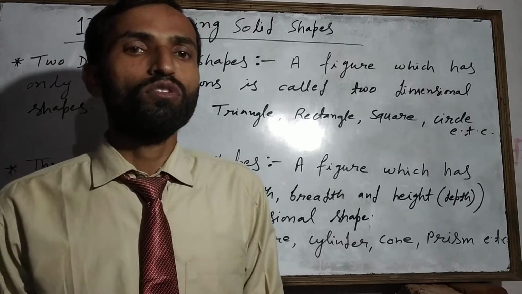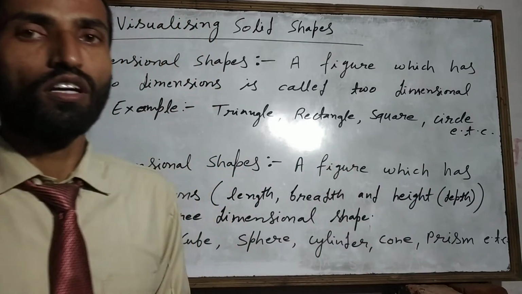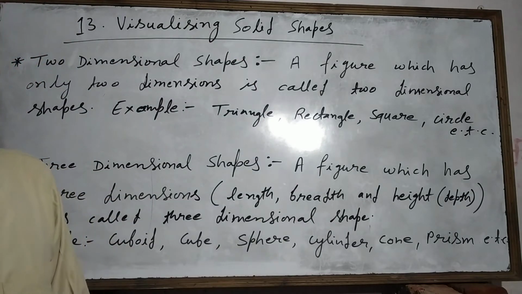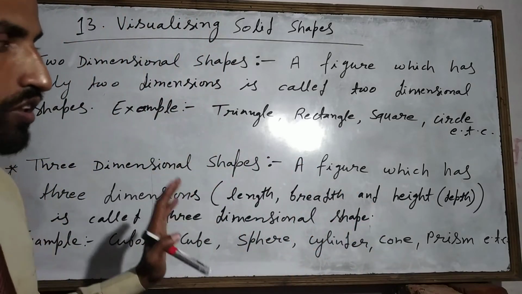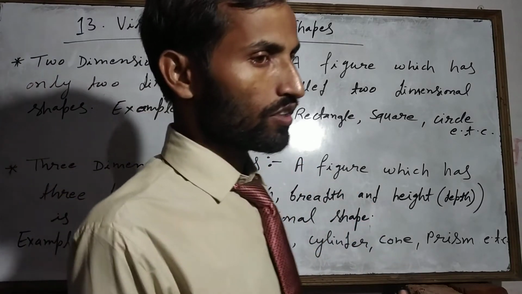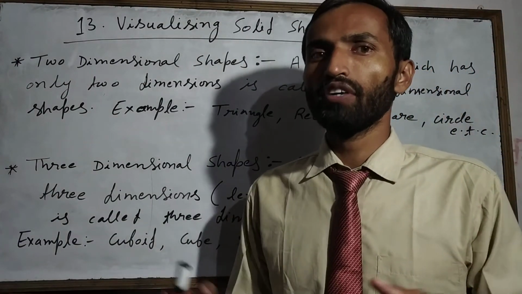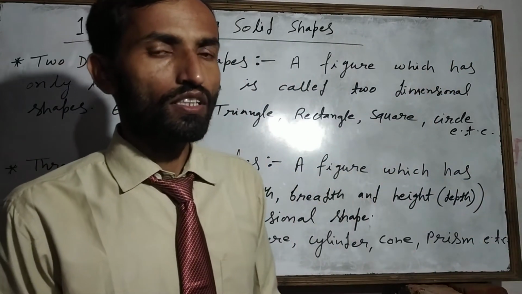Now we have to discuss the next chapter, because this chapter is also coming in the half yearly: Visualizing Solid Shapes. You can say this is 3D shapes. In this chapter we have learned only 3D shapes, what 3D shapes are and their properties, meaning how many faces, vertices and edges there are. You have to learn these.